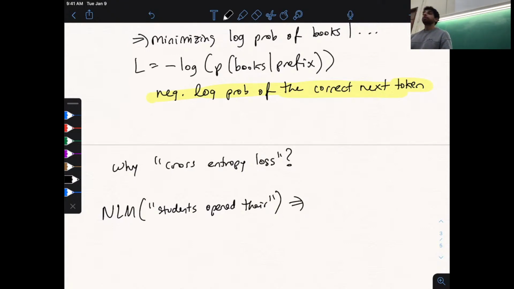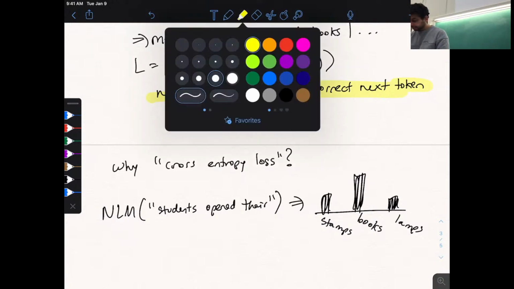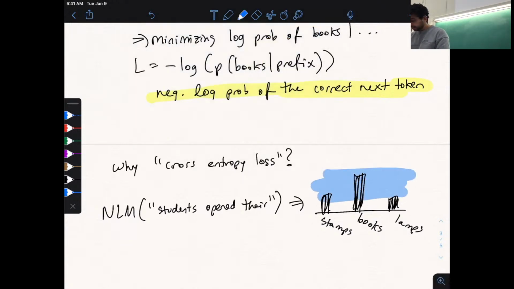And what is the output of this model? Well, it's a distribution over the words in the vocabulary, right? So in our example from before, I had these words, stamps, books, lamps, or something like this, and I had some probability on each of these words. And so this right here, let's call the model's predicted distribution.